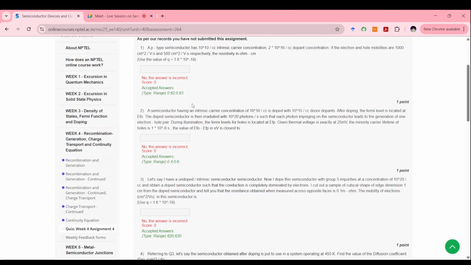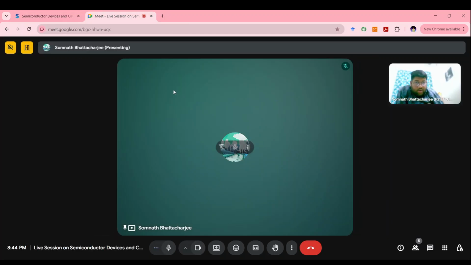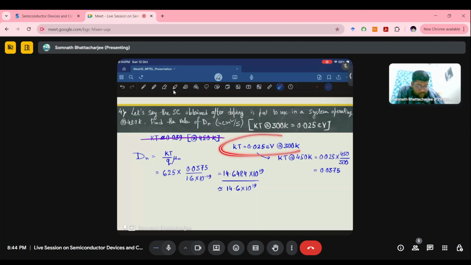Then I found out that in the question itself they have given the value of KT as 0.025. Okay, sir. Yes, got it. From here, what I have done is multiplied it with 450 and divided by 300.